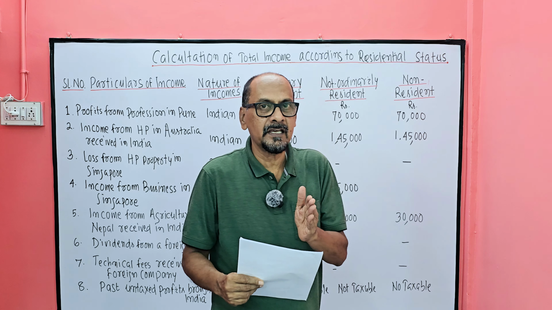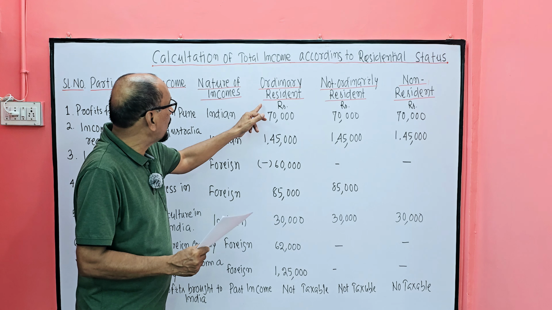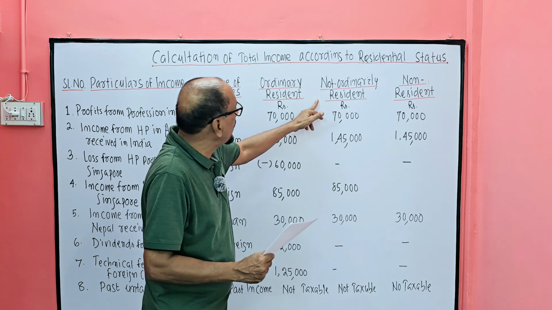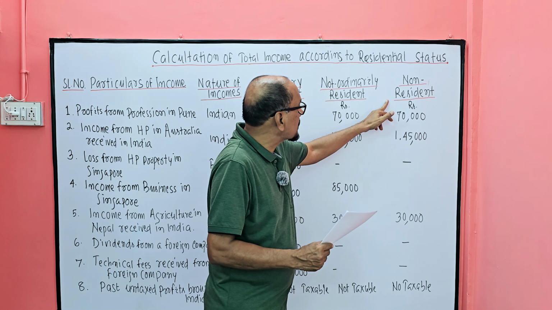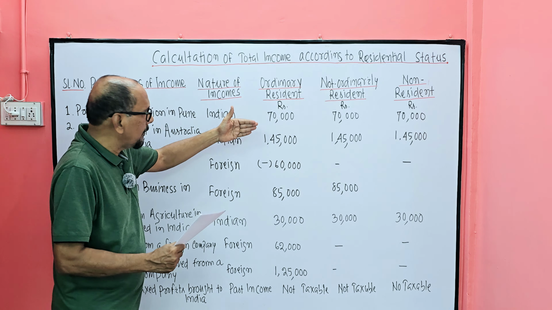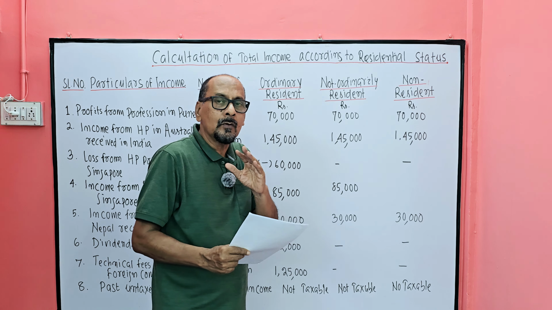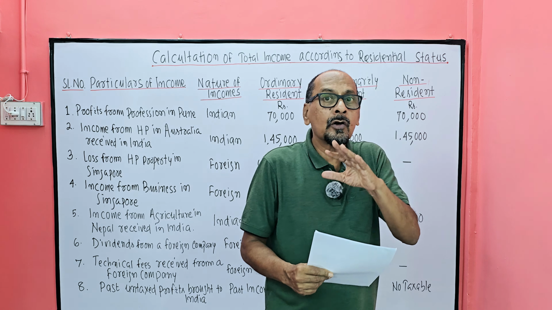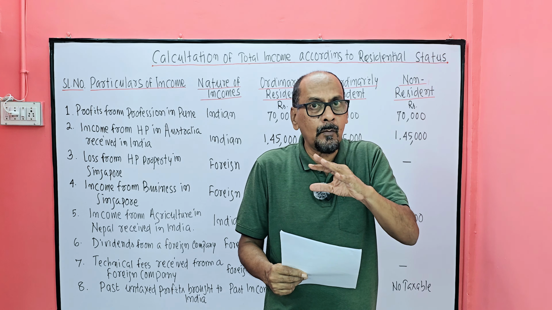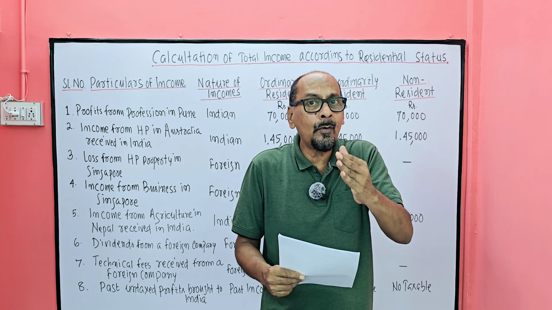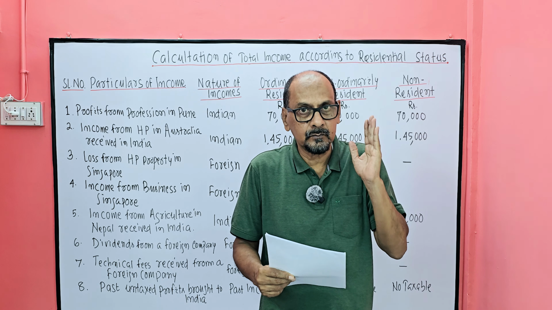If an assessee is an ordinary resident, not ordinarily resident, or non-resident. The entire problem has been worked out on the board, and I will explain the financial transactions, the scope of total income according to the question, and how it is being treated on the board.